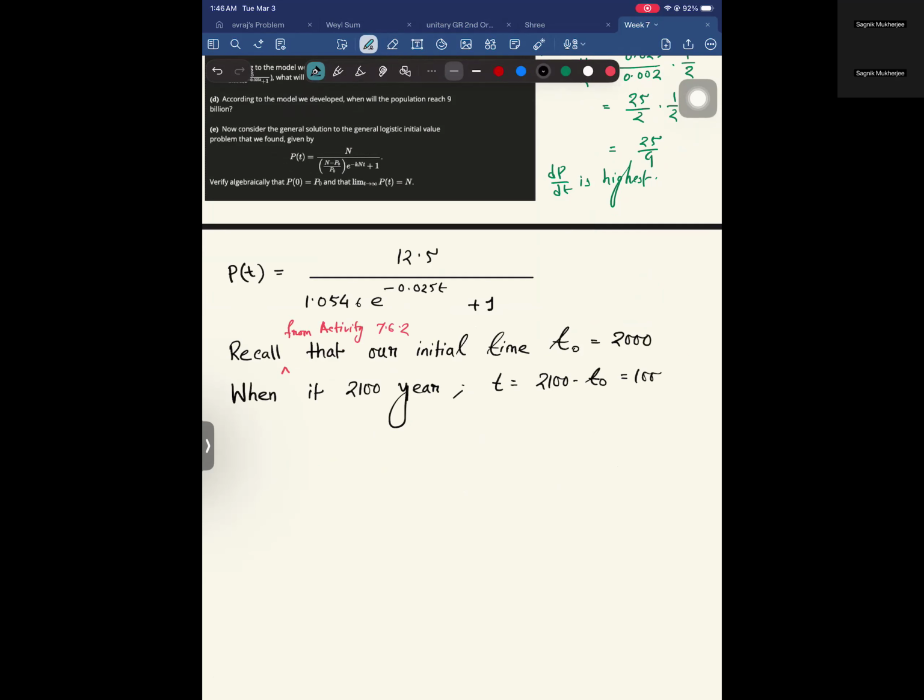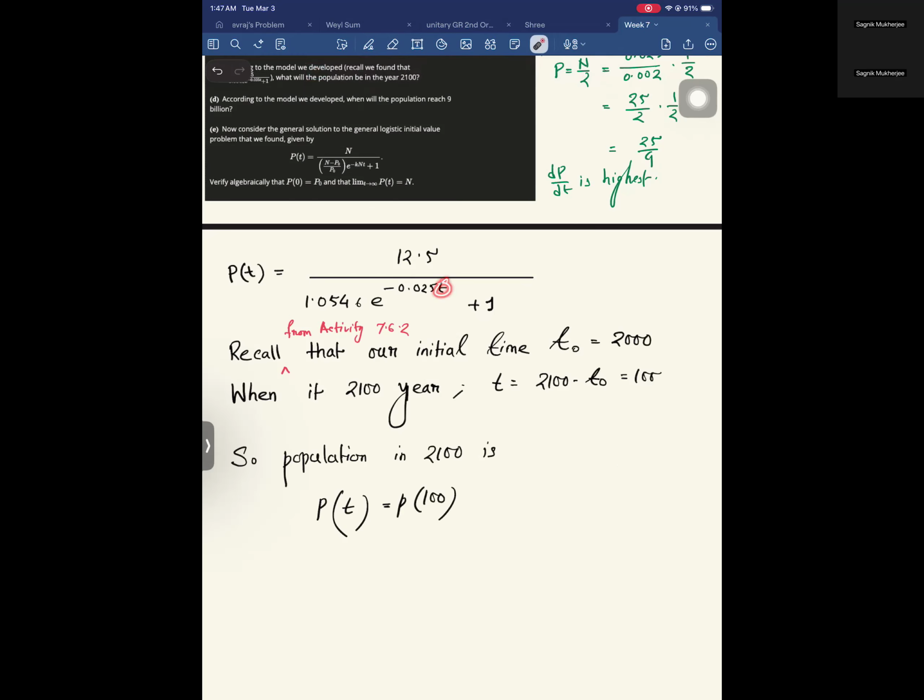So you should plug in population P of 100. So the population in 2100 is P of t, which is P of 100. Now plug this 100 in here and you will find the rest.